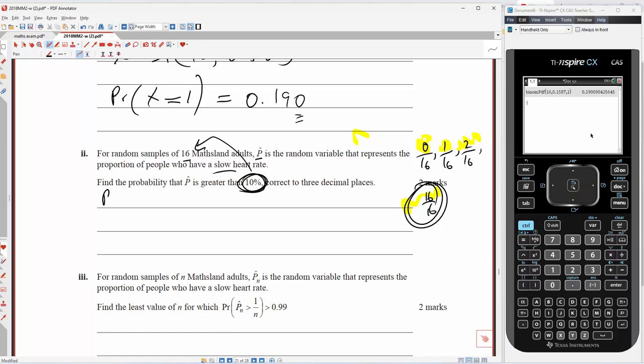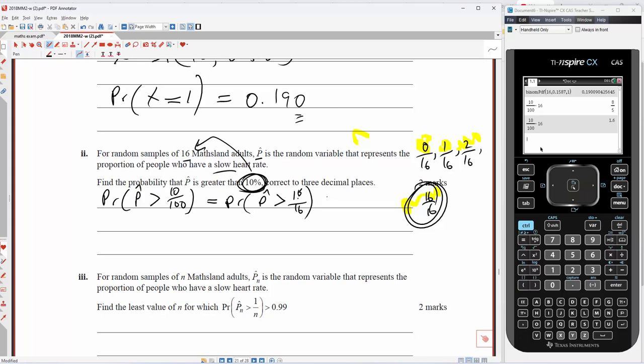Let's write out: the probability that p hat is greater than 10 out of 100 is the same as the probability that p hat, converted into this sample, is greater than 10% of the sample of 16, and that would be 1.6. Probability that p hat is greater than 1.6 out of 16.